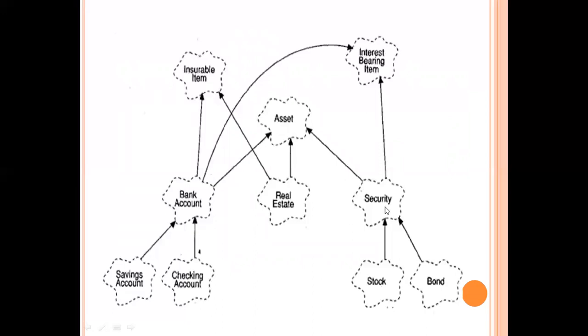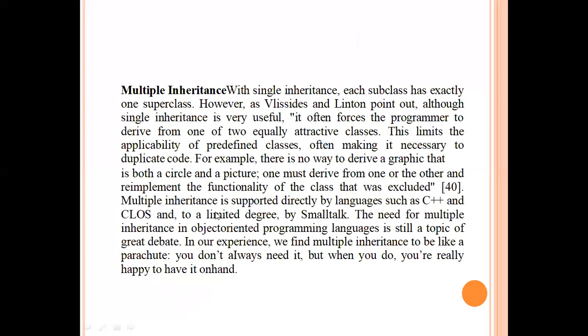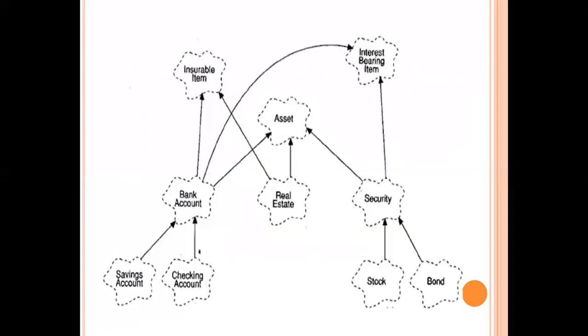Here, same for security. The security shares the attributes of assets and insurance. So multiple inheritance means it shares the attributes of multiple classes.